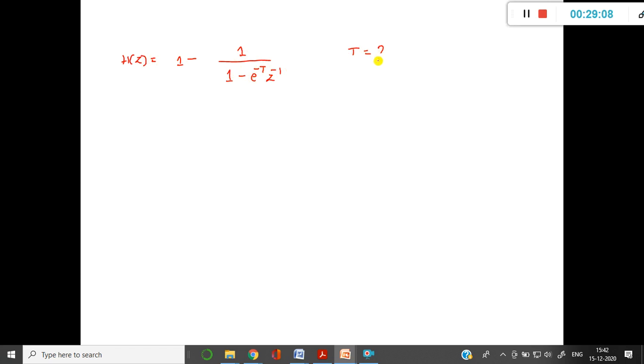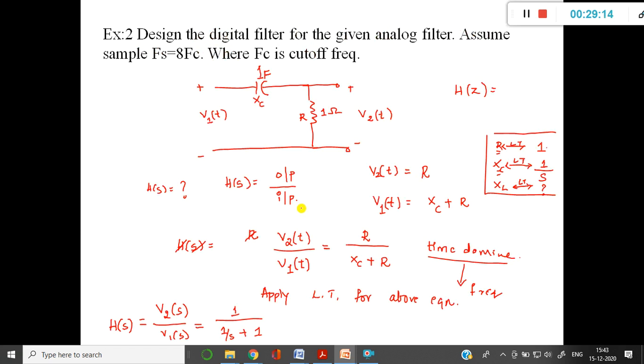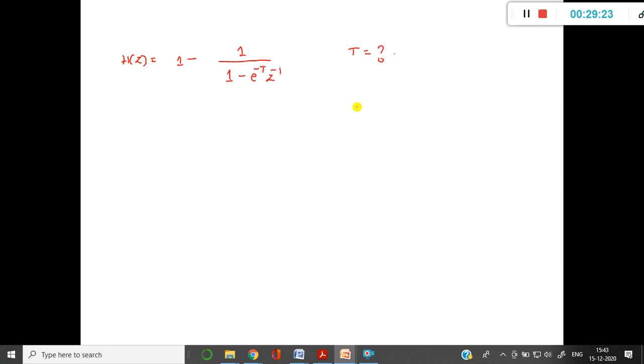Now what is T? T is given in the question. Let me check. T is given as the sampling rate is 8 times Fc, the cutoff frequency. So Fs is equal to 8 Fc.